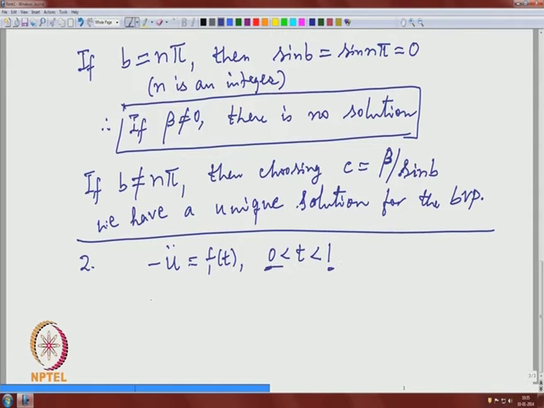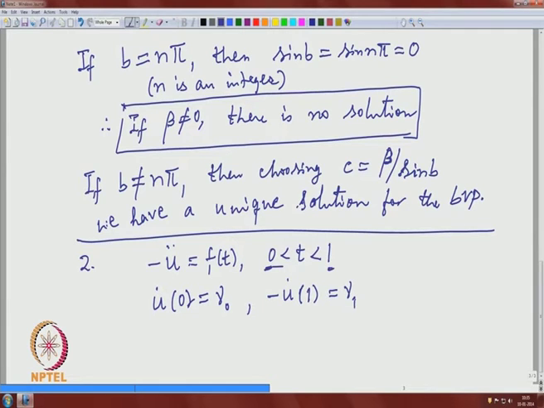So, instead of u, I will give the data u dot(0) is equal to gamma 0, minus u dot(1) is equal to gamma 1. You will see why I am putting the minus sign in a minute.